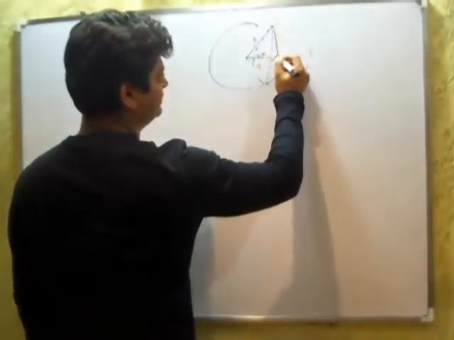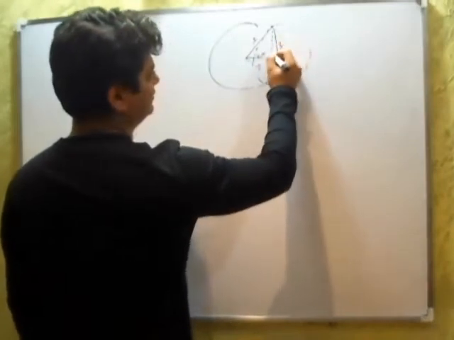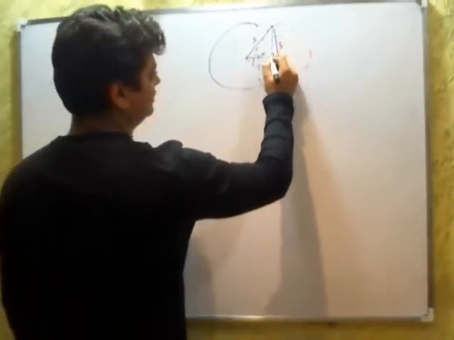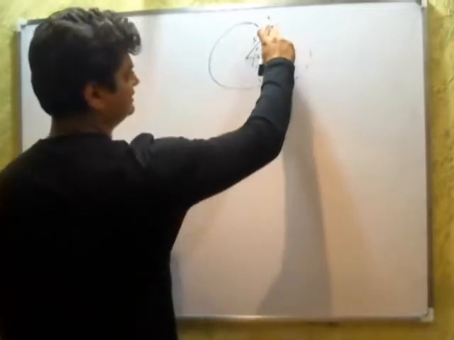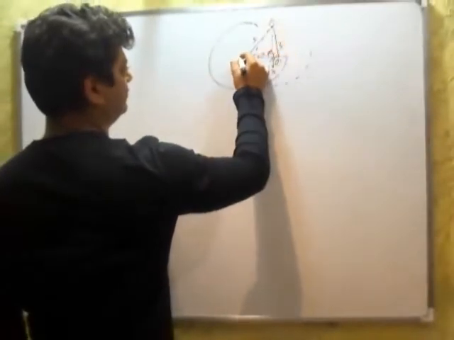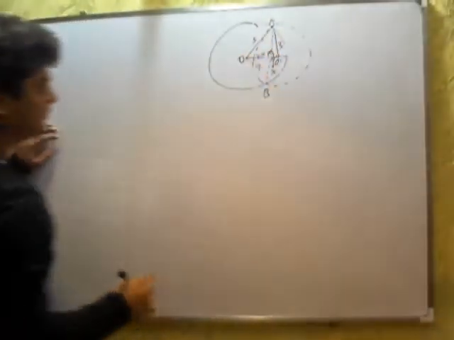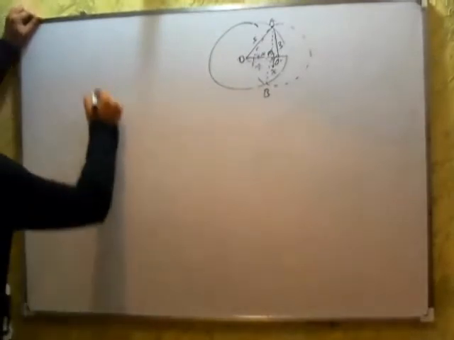And this length is 3. This is x. This is 4 minus x. This is 3. See very carefully, A, M, O, B. Right?